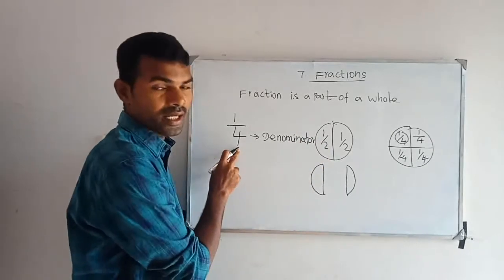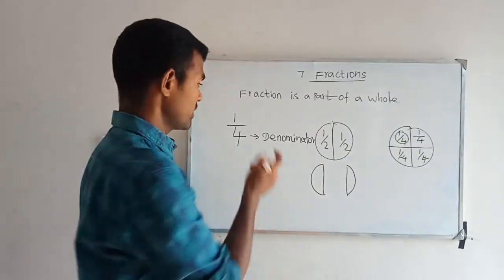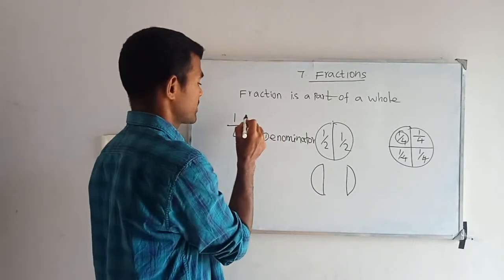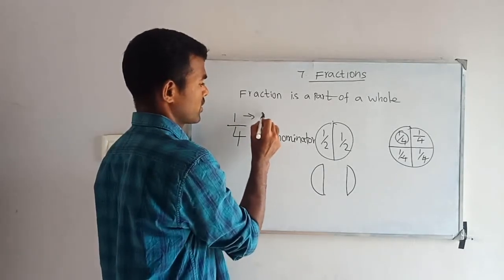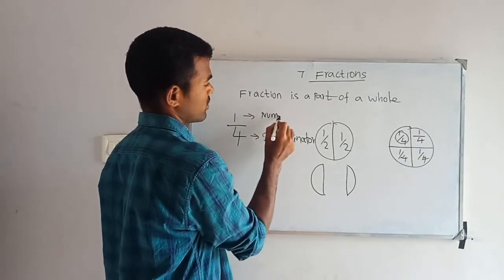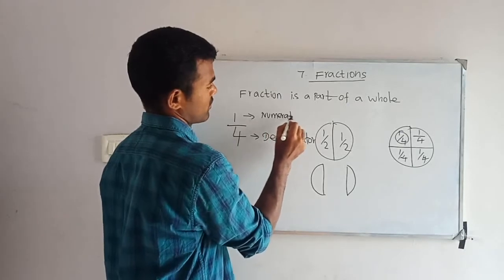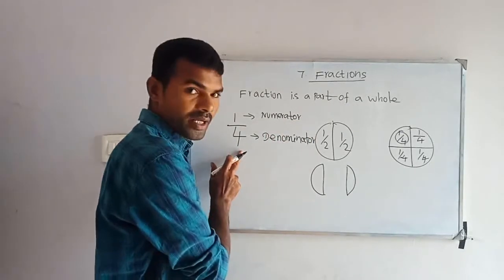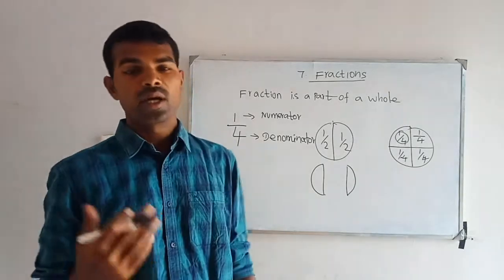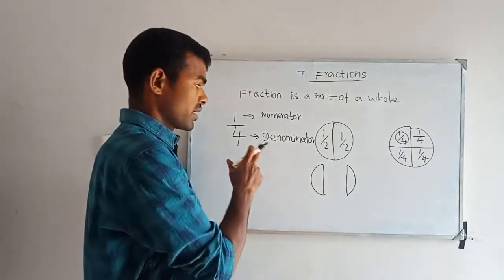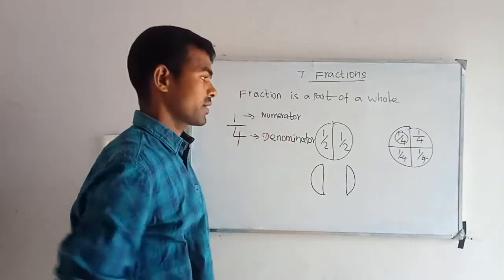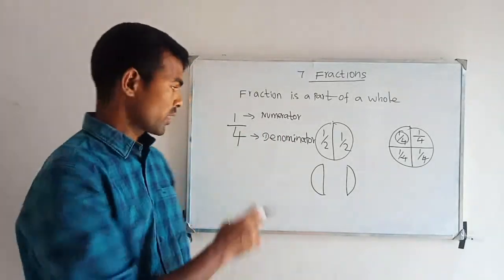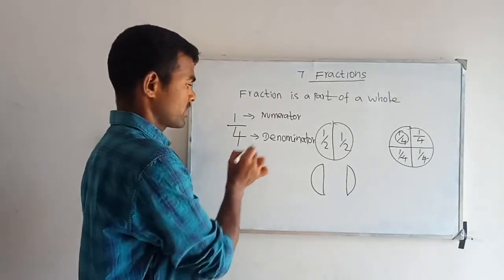The downside number is denominator and the upside number is numerator. Denominator and numerator. It has 2 parts. Now you can tell how the denominator is known.